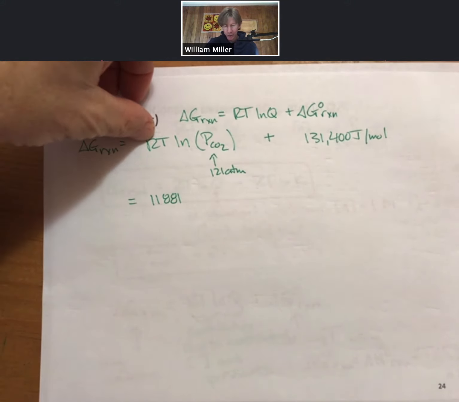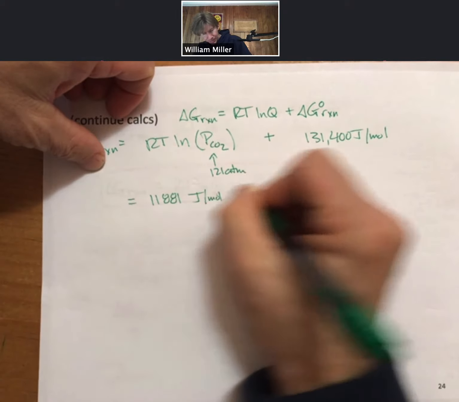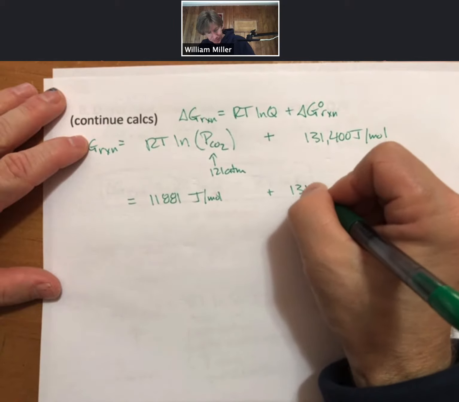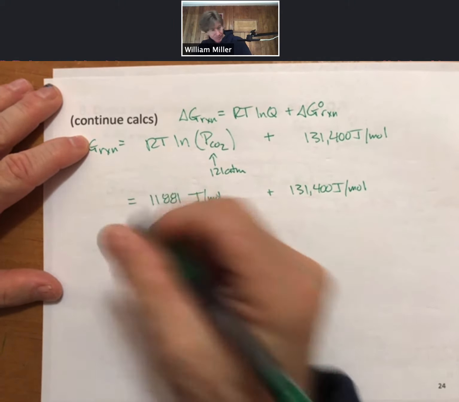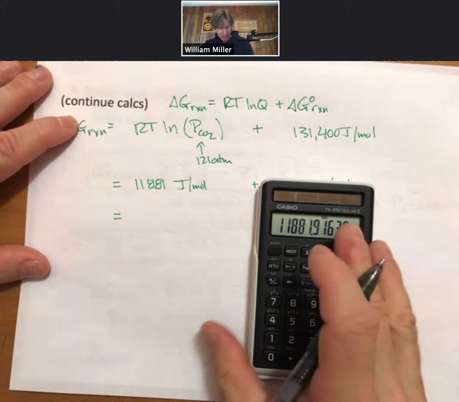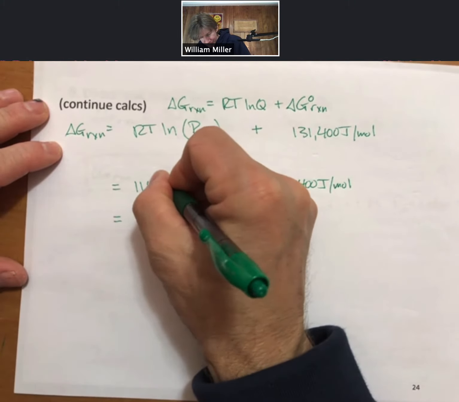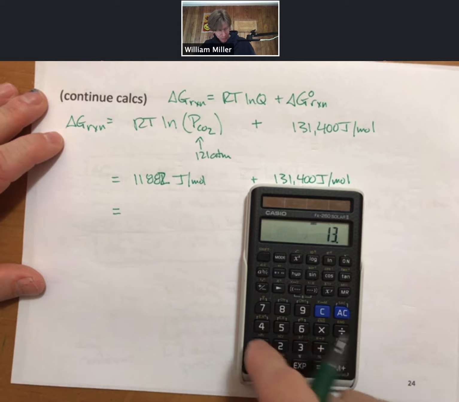This is in joules per mole Kelvin for my R. T is in Kelvin, so I get joules per mole, plus 131,400. And I guess technically I should round that to a 2 and add it to my 131,400.